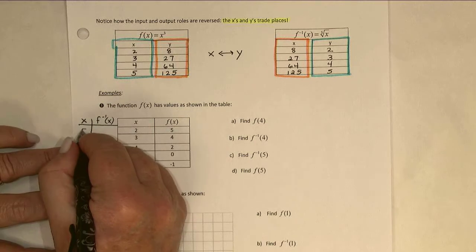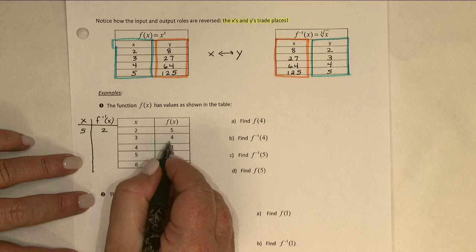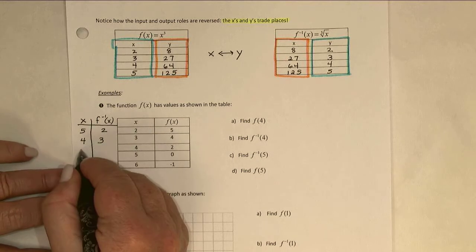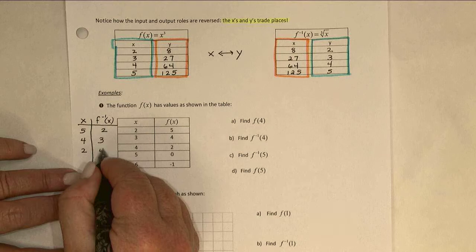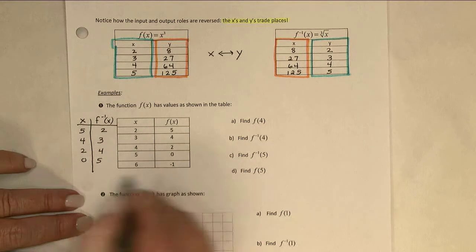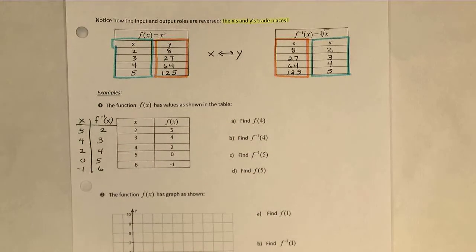And continuing on, we'd have 4, 3, and then 2, 4, and then 0, 5, and negative 1, 6. So I've very exactly just switched the x's and the y's. That always happens with the inverse function.